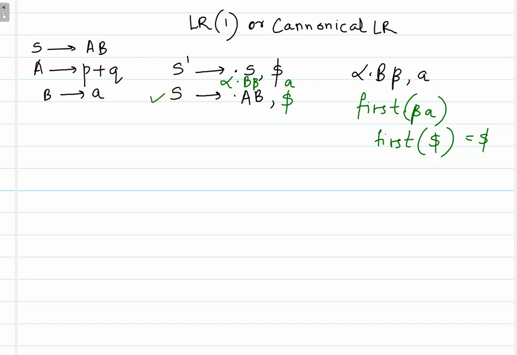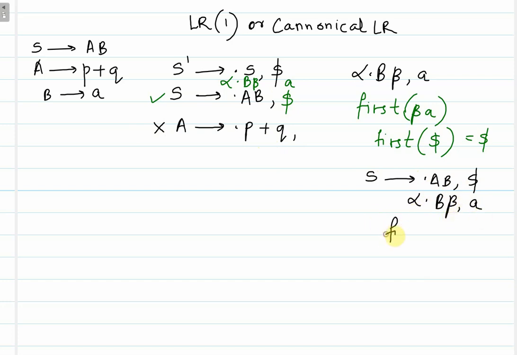After the dot there is a non-terminal symbol A, so enter all the productions of A placing the dot first. A → .PQ, comma. This production has been entered because of this rule, so I'll put a cross mark for this. To find the lookahead symbol, consider S → .AB, $ and map it to α.Bβ, A. Then you compute first of βA.